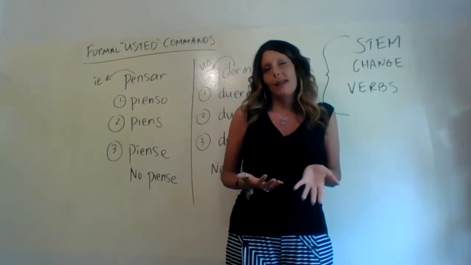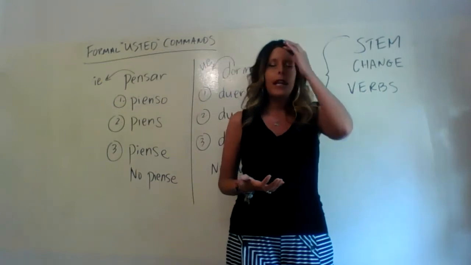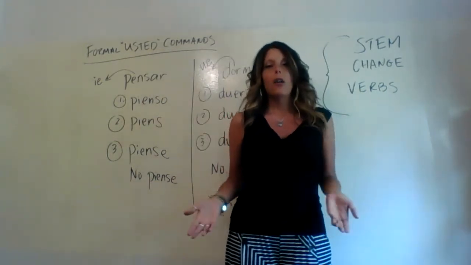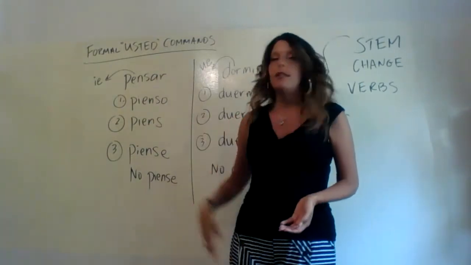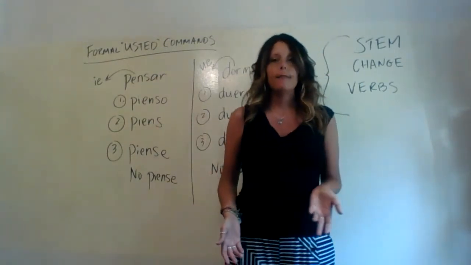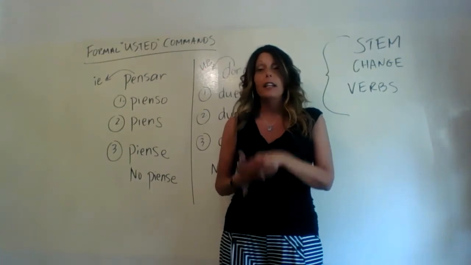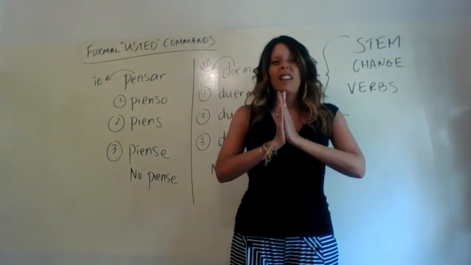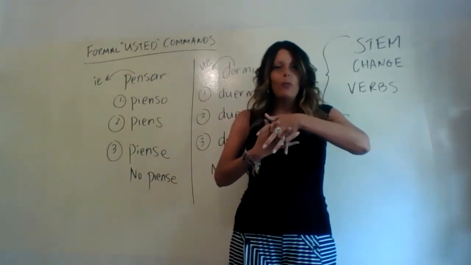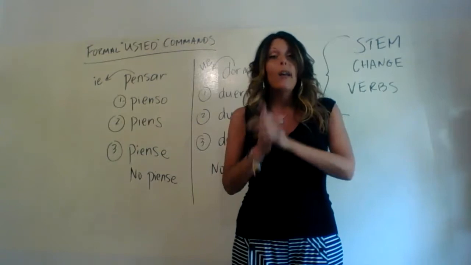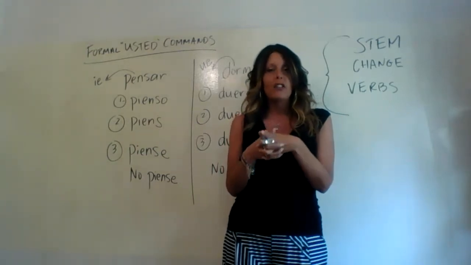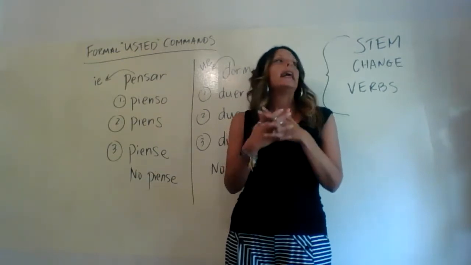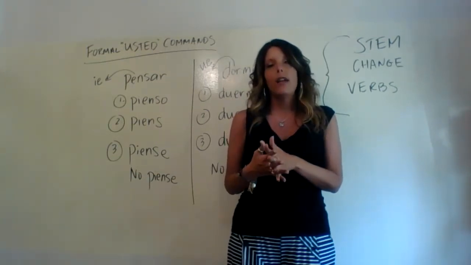If we mess up step 1 and we don't account for the stem change, then all the other steps are wrong, and we have now made a word somewhere at the end that just doesn't exist. It's not just a misspelling, it's just wrong. It doesn't mean anything. So the number 1 thing in this video is making sure we can get to step 1, which goes all the way back to making sure that I know what verbs are stem change verbs in Spanish and reviewing Spanish 1 things.